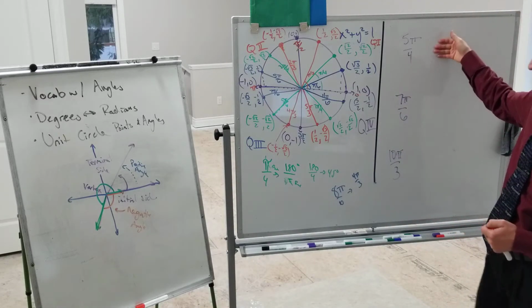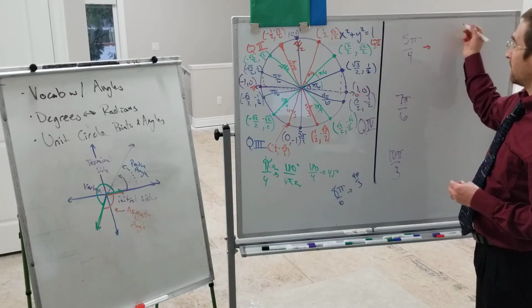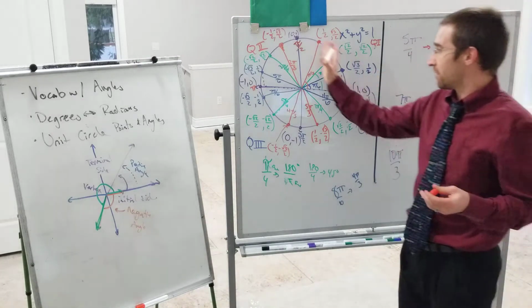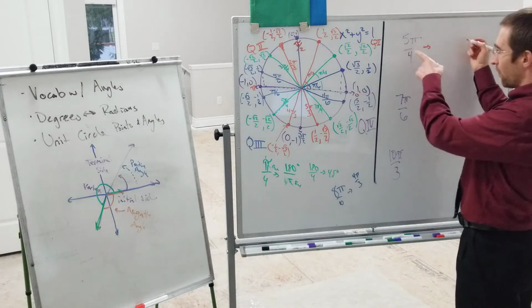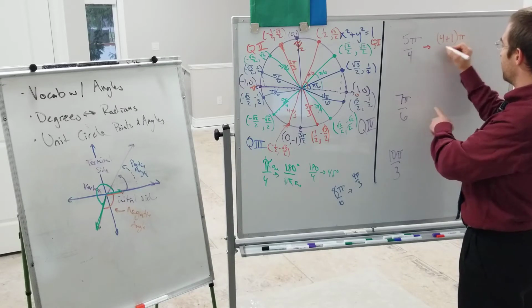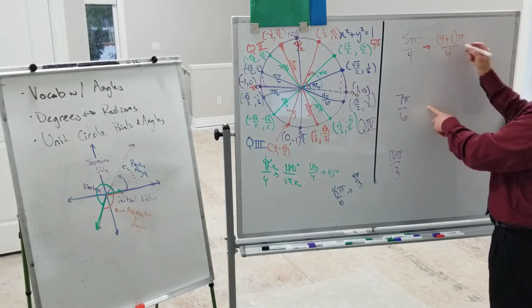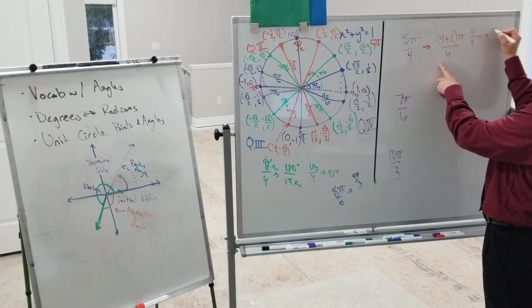So what we gotta do is go, okay, well, 5 pi over 4. Eventually you'll just know these angles. You can think, okay, 5/4, that's 4 plus 1 pi over 4. So it's 4 over 4 pi plus pi over 4, or just pi plus pi over 4.